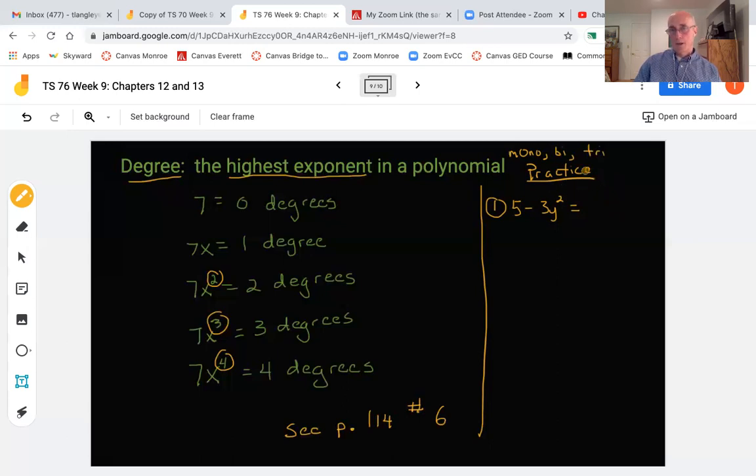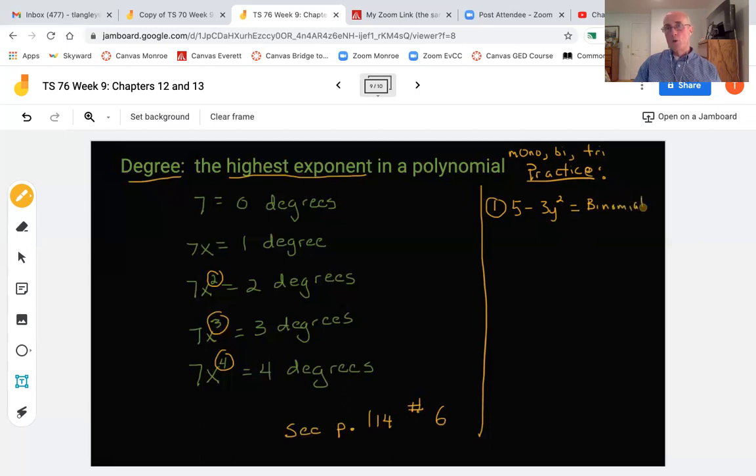So I'm looking at this. Is this a polynomial? Is it a monomial, binomial, or tri? Well, hopefully you're looking and going, 2 terms here. That's it. It's a bi, excuse me. Binomial.